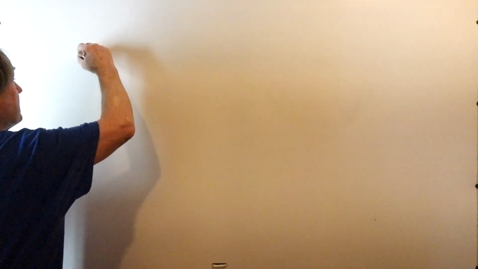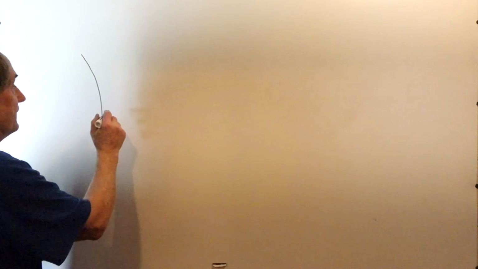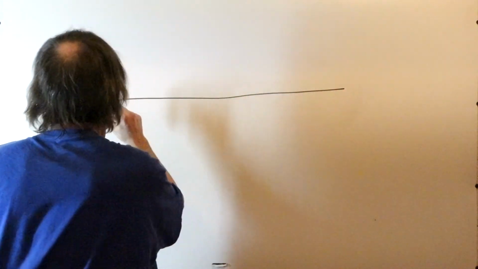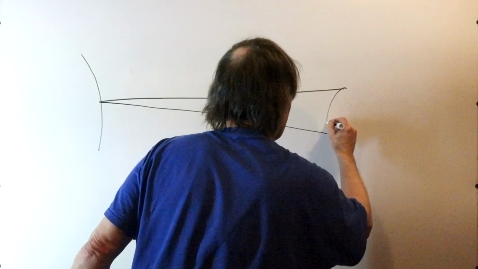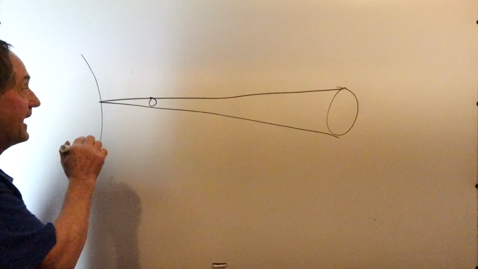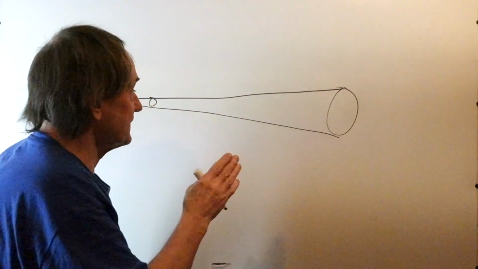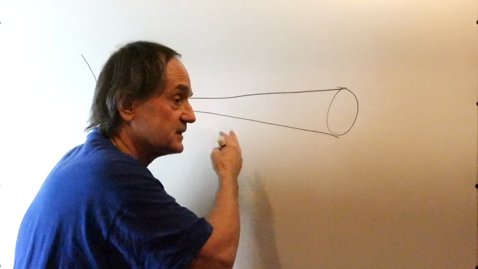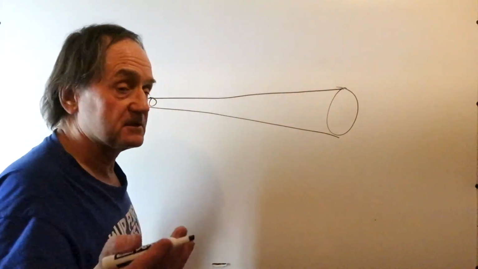Now, this phenomenon of having the same apparent size with different dimension physical objects spaced at different distances from the observer is exactly what happens during a total solar eclipse. If we have, say, the Earth here, an observer on the Earth looking at the sun and the moon, the sun's out here and the moon's way back here, but it just so happens they are of the proper size and space the proper distance from the Earth that their apparent sizes look the same.